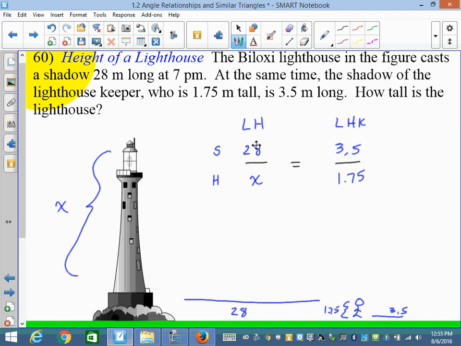Woohoo! We're going to cross multiply. So 3.5x equals 1.75 times 28. So I have 3.5x equals whatever 28 times 1.75 is.